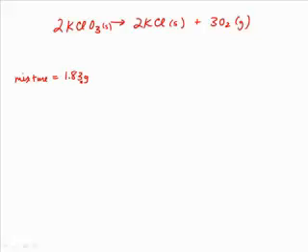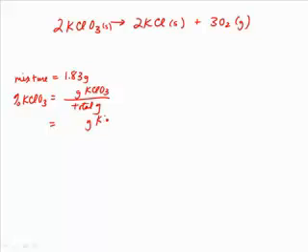It wants the percent KClO3, which is going to be grams of potassium chlorate over total grams of the mixture, which is over 1.83 grams times 100. Okay, so that's what we're trying to find. We need grams of potassium chlorate.